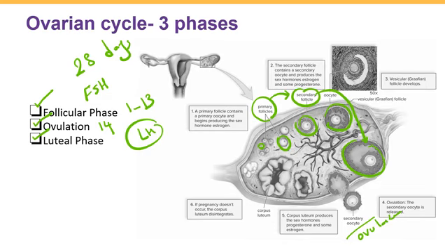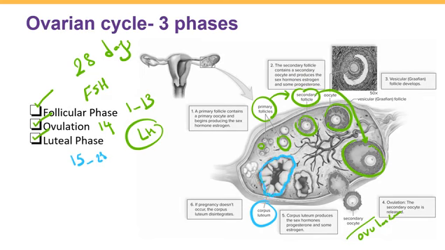but it's a very important event. Then we continue with the luteal phase, which is from day 15 to day 28, after ovulation. Now we have a ruptured follicle inside the ovary. This leftover follicle transforms into the corpus luteum, which is a temporary endocrine gland.